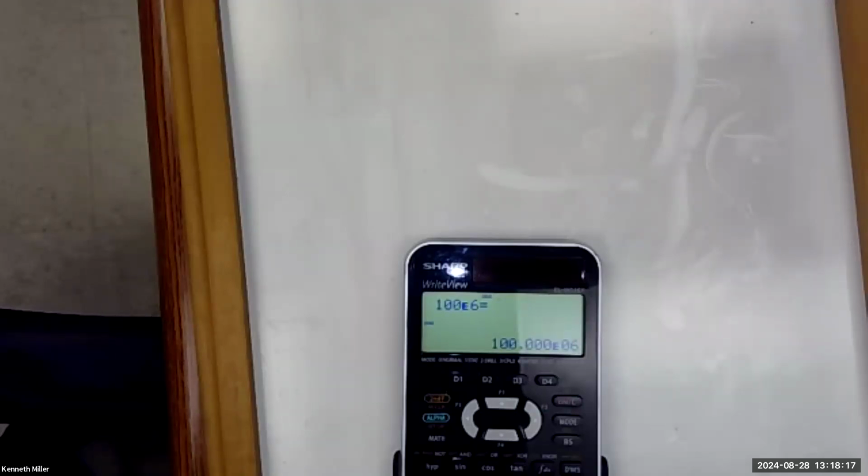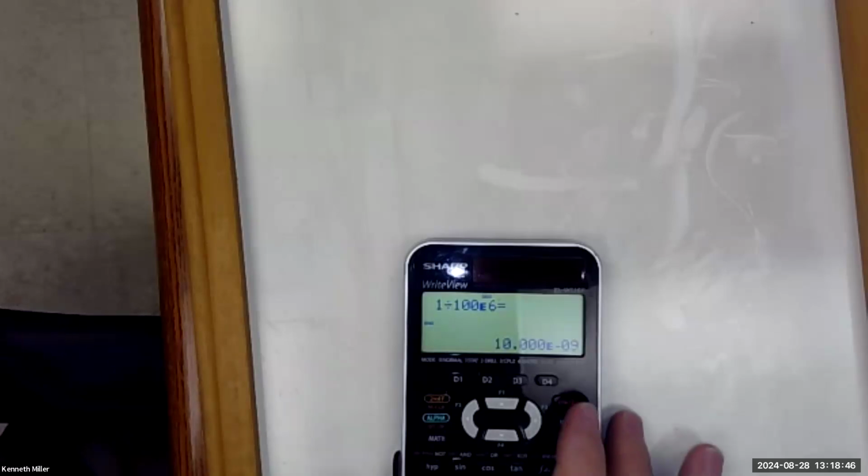So we can take the inverse of that, which is, my screen's kind of sideways here, but 1 divided by 100 exponent 6 is 10 to the negative 9 seconds, which is nanoseconds, right? So it's really easy to work with those values.